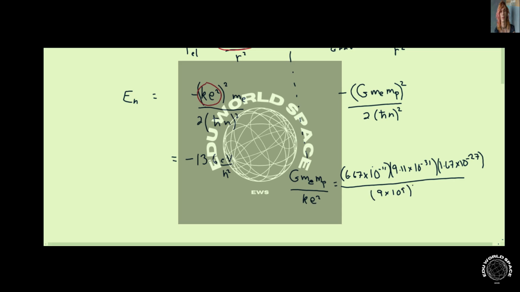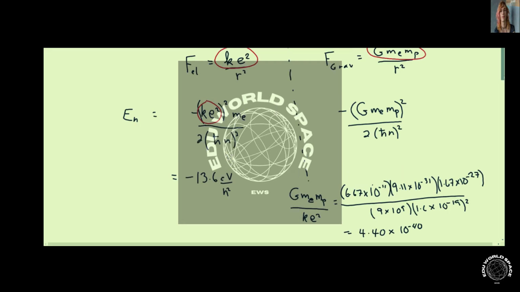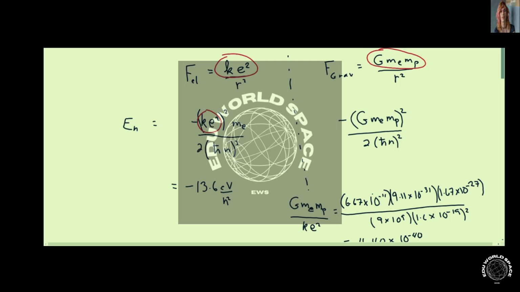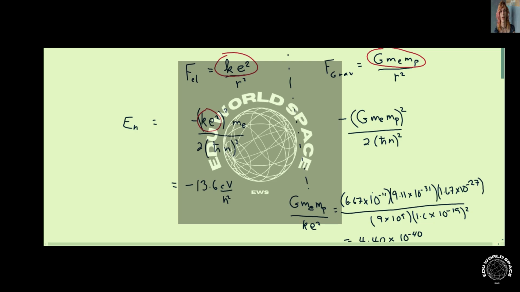And this particular cluster of constants, the ratio, is a small number. It is 4.40 times 10 to the minus 40. And the units should be identical. That's the nice thing in picking that cluster of constants and having both inverse squared laws.